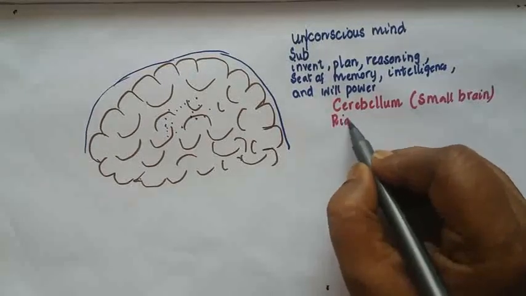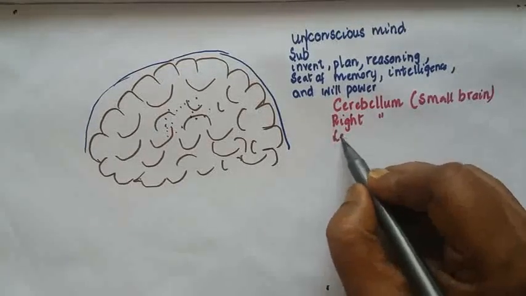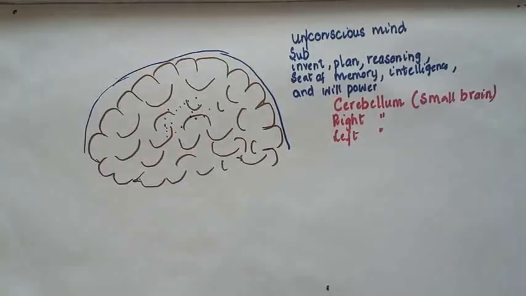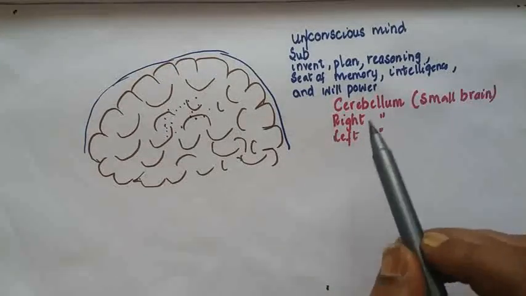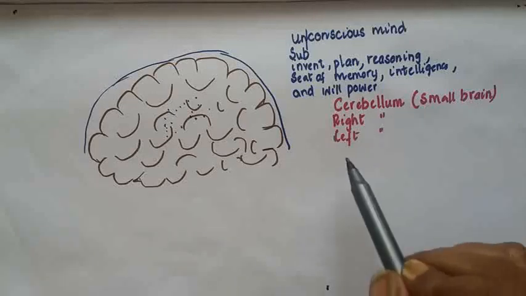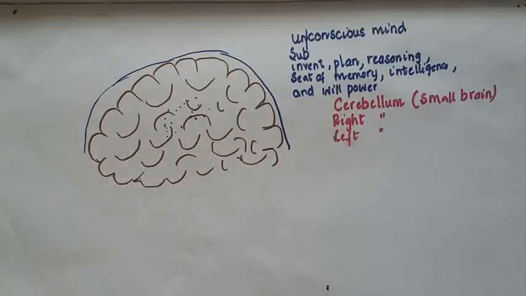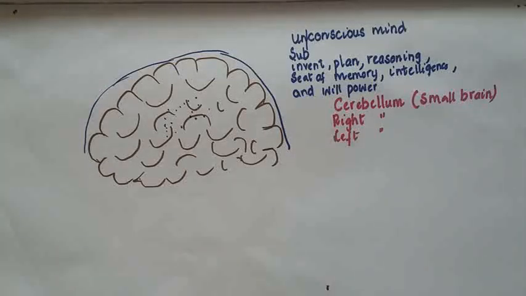We can name those two parts the right cerebellum and the left cerebellum. Just like the right cerebrum, we have a right cerebellum, and like the left cerebrum, we have a left cerebellum.